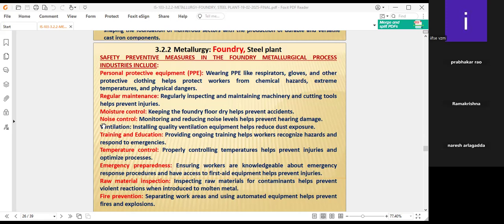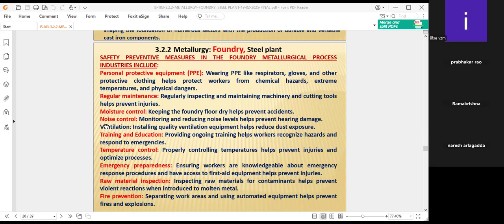Another thing is ventilation. Installing quality ventilation equipment helps to reduce exposure. Here, ventilation does not mean lighting or the environment, but that sunlight has to fall in that area.